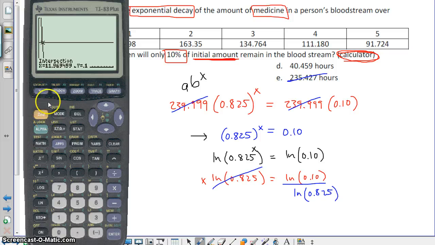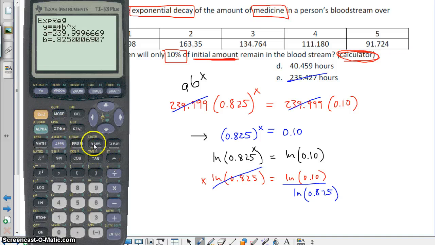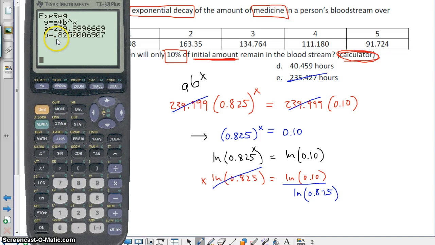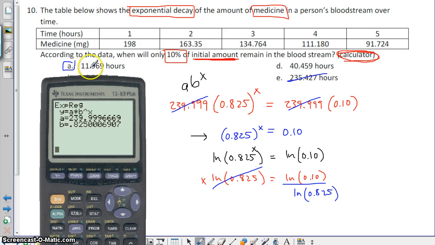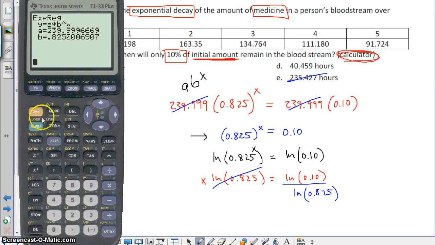Now, if I were to do this, I would want to plug in as many of these decimals as possible, otherwise it would be slightly off of the answer of 11.969. So let me try that. It's natural log 0.10 divided by natural log, and then I'm going to show you two answers.